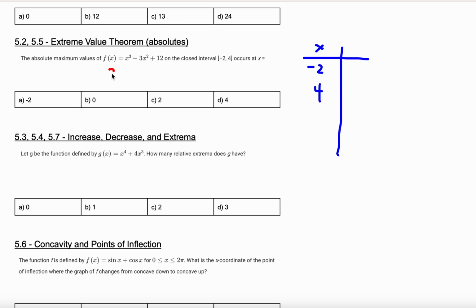The critical values are when your derivative is 0 or undefined. So if I take the derivative of the original function, I get this. If I set this equal to 0 and factor, I can take out a 3 and be left with x minus 2. So I have two potential critical spots where I could have an absolute max.